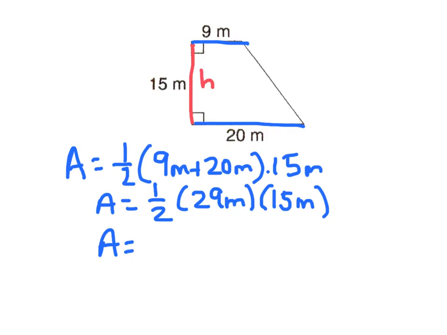Okay, so I'm going to go 1/2 times 15, which is 7.5, and then multiply that by 29. Okay, so I ended up with 217.5 meters squared. Okay, you may want to check that with your calculator. That looks right. Okay, let's try another one.